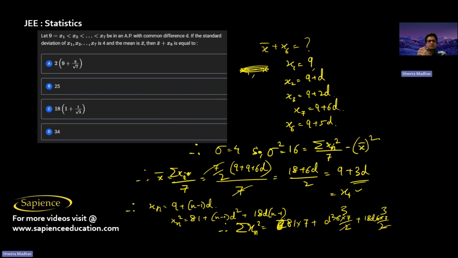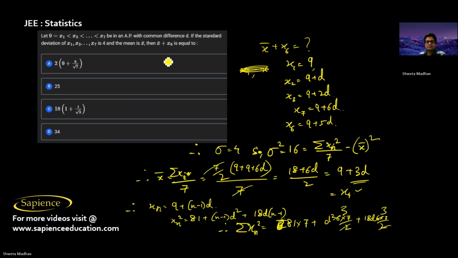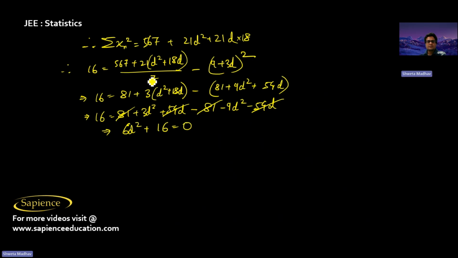Standard deviation is 4. Square, that is summation x square, 21 into d square plus 18d by 7. 7 3s are 21. Square plus 18d minus 6 minus 81 plus 9d square.